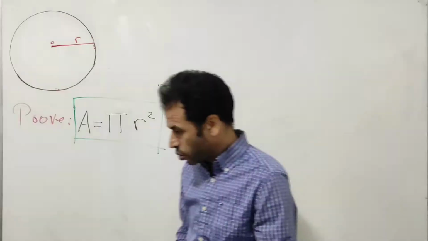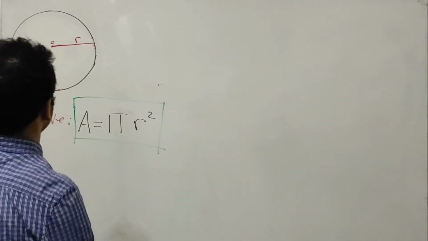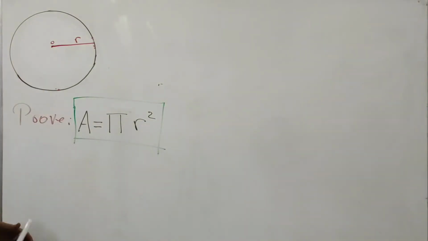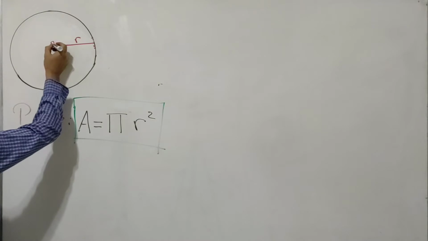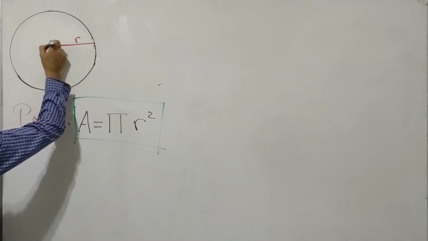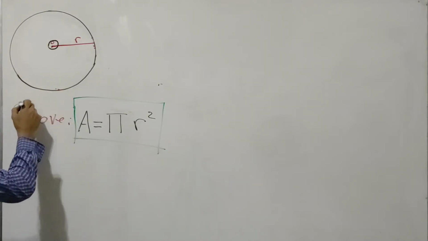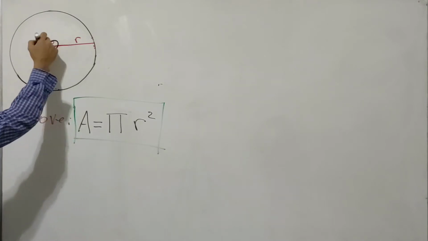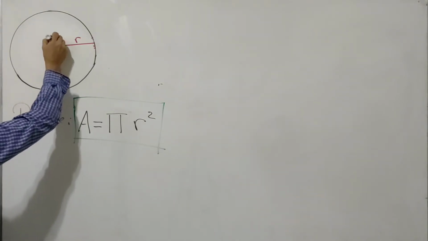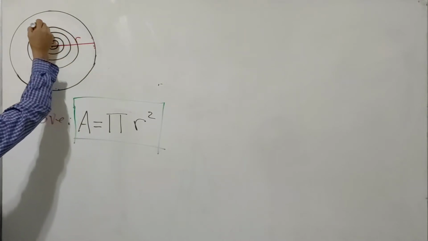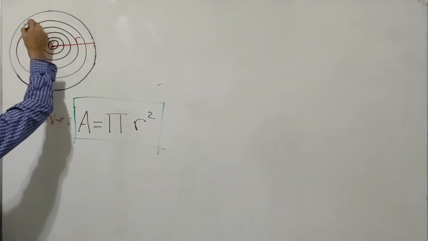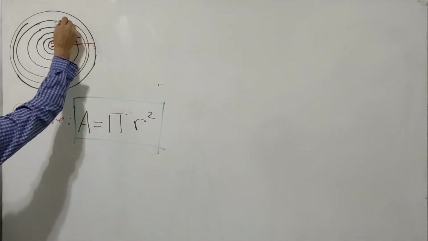So now let's talk through this one. If you take a look at the center of this circle, we make a small circle, and then the second circle, and so on and so forth, making many circles until you get a last circle.